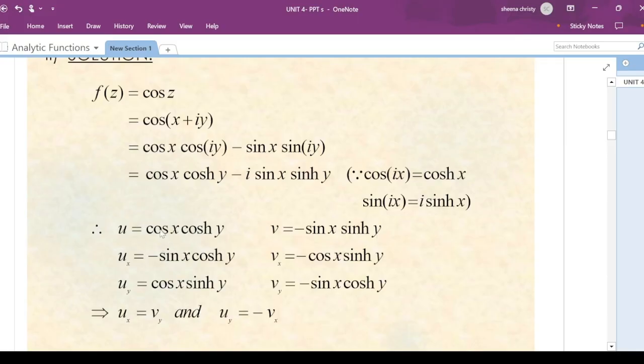Differentiating with respect to x partially, ∂u/∂x will give you the differentiation of cos x, which is −sin x, into cosh y.